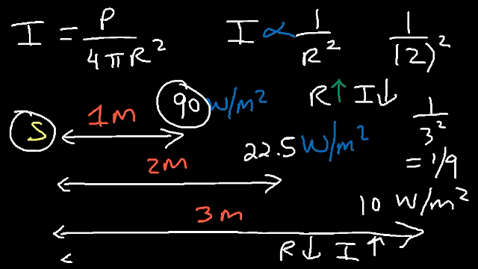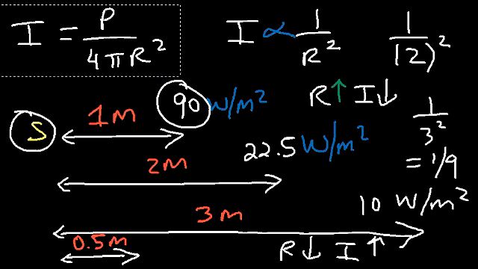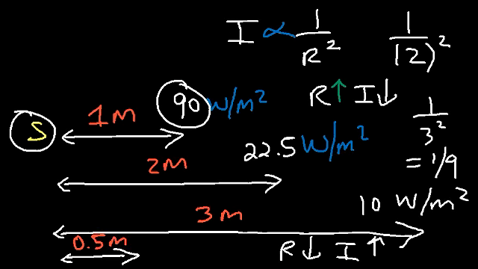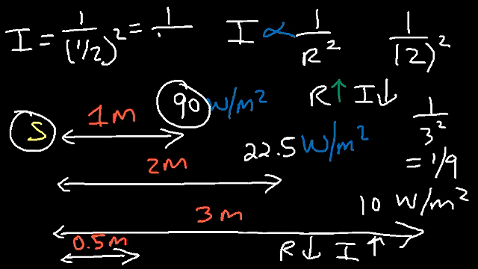So what is the intensity at a distance of, let's say, half a meter or 0.5 meters? What do you think the answer is? So because we reduced the distance by a half, let's plug in 1/2 into r. 1/2 squared is 1/4. 1 divided by 1/4 is 4.